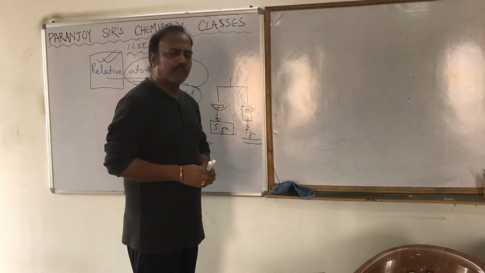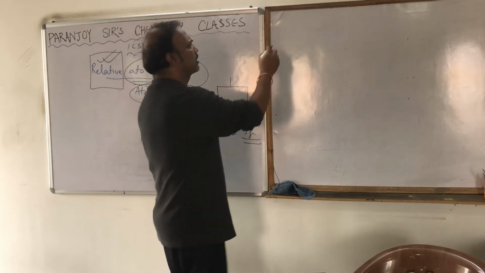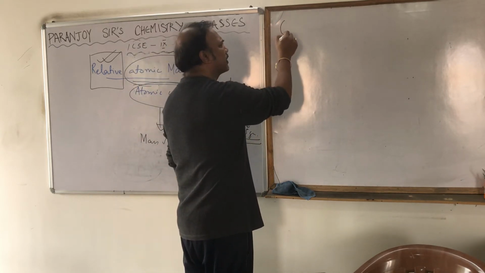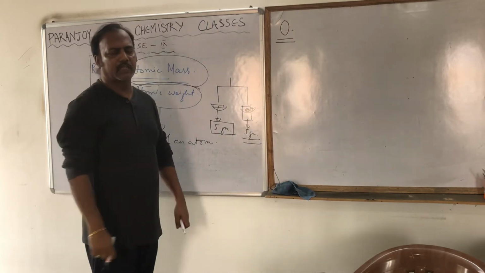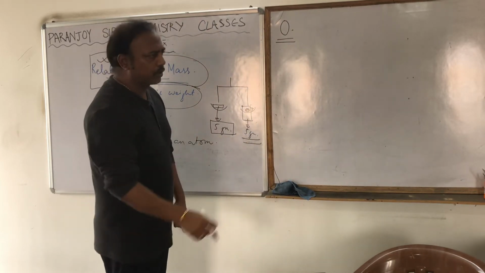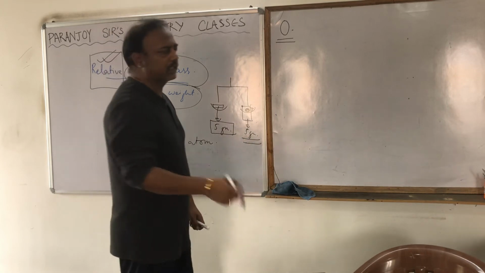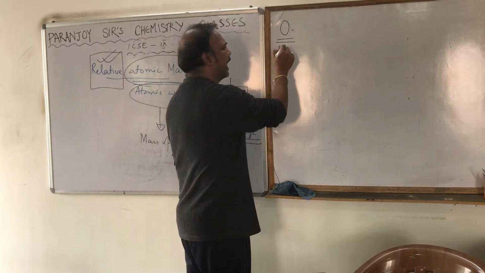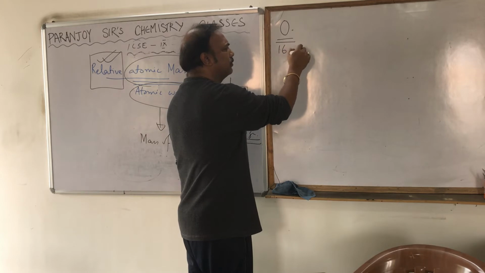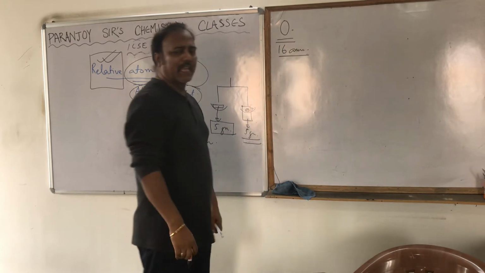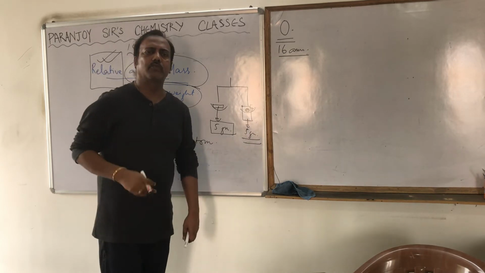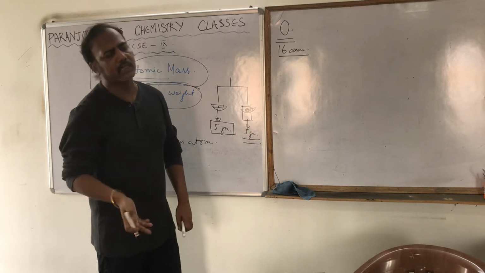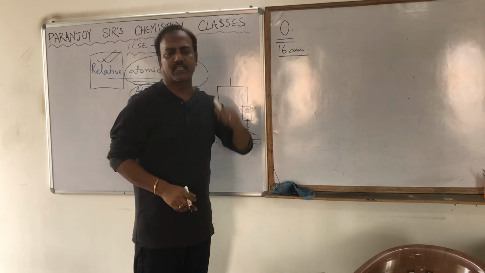The modification was done by considering oxygen as the standard one. Standard means they considered the mass of oxygen as 16 AMU, and they measured the mass of the other atoms by considering the oxygen's mass at 16 AMU.